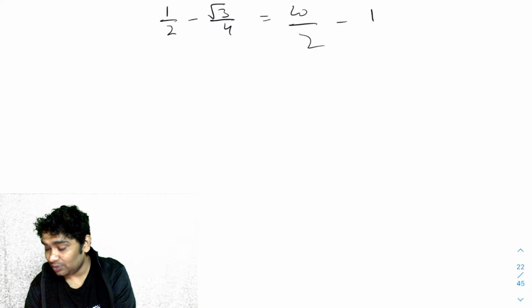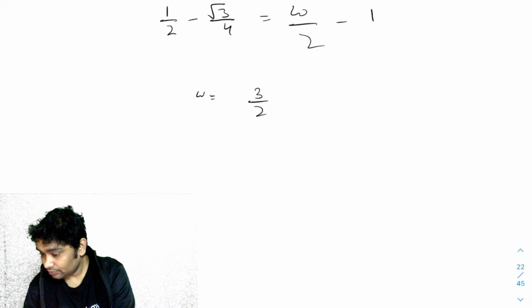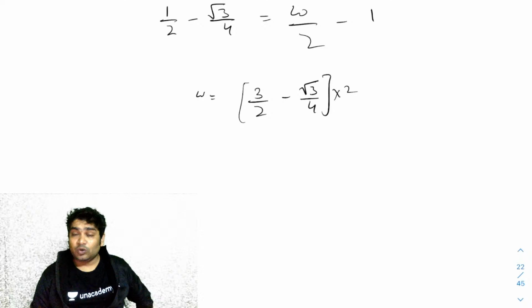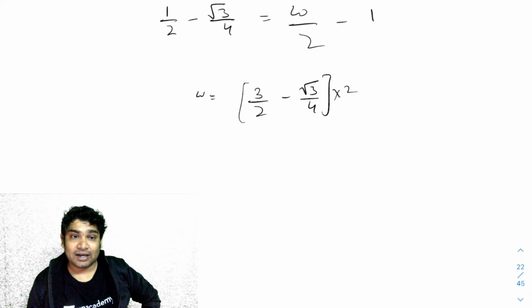What you're getting is omega equals 3 by 2 minus root. So what you realize is you still have a positive omega.